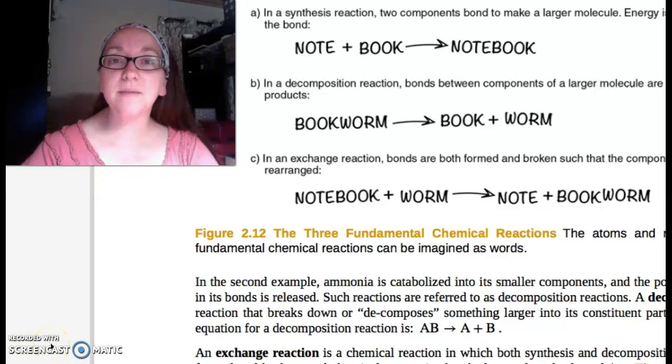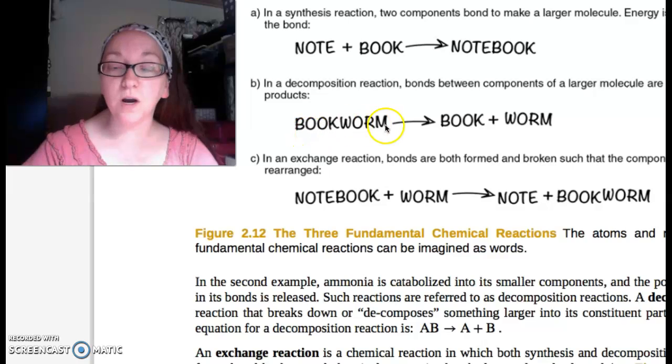Now look at this same idea with just some word examples. So for a synthesis reaction where you're putting A plus B and making AB compound, you could be like the word note plus the word book equals a notebook. So you're producing one compound word from 2 separate words. Decomposition would be a similar but opposite process, right? Where you're breaking it down.